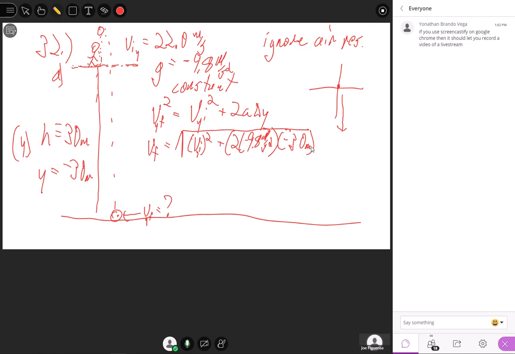You can't take the square root of a negative. It cancels itself out. All right? And so what do we get? We should get a final velocity of 32.7 meters per second. Now, is that the final answer?